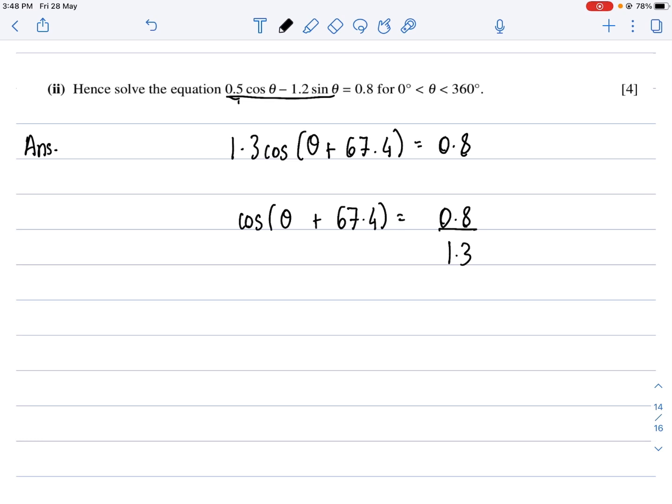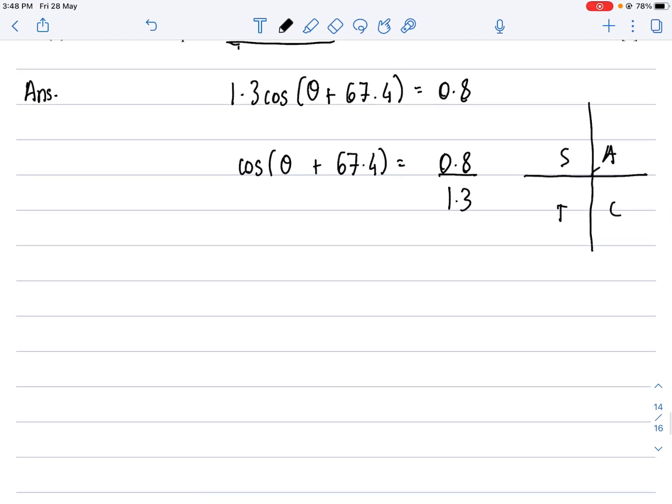Now I know cos needs to be positive here, correct? So if I see my ASTC curve, cos is positive in the first quadrant and in the last quadrant. For the first quadrant, on my calculator I do cos inverse of 0.8 over 1.3. When I do that, I get my answer as 52.02.